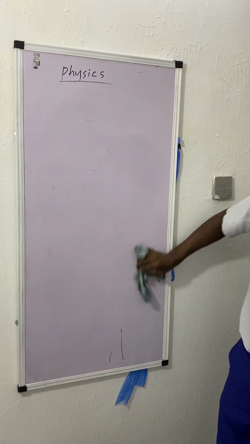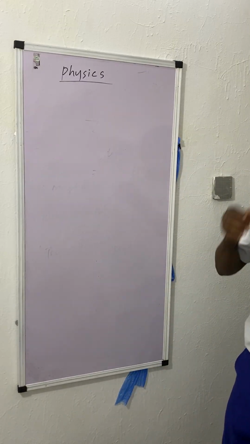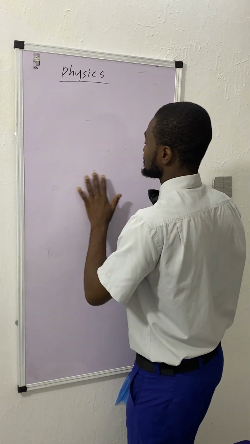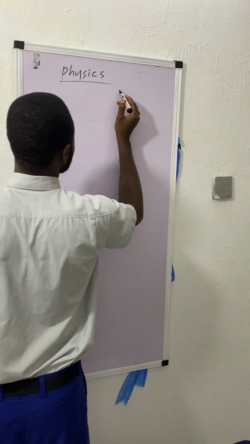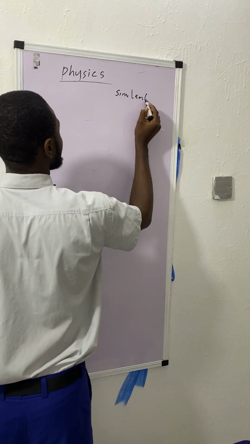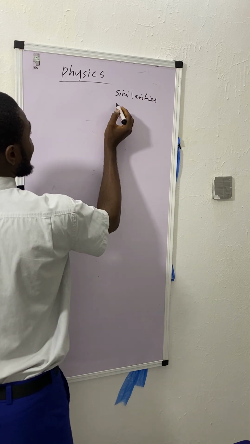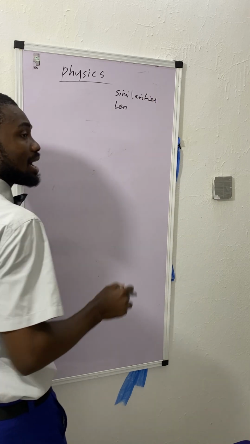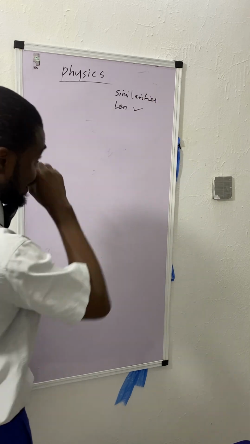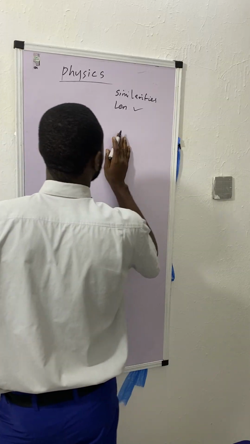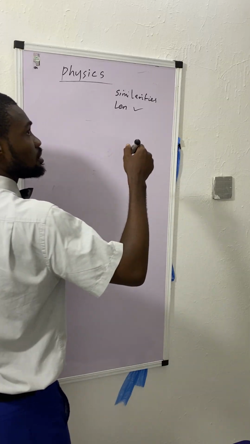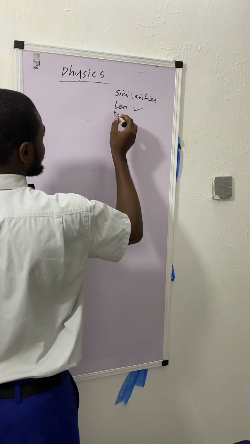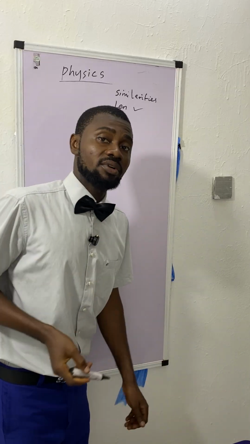The human eye has a photosensitive part, which is known as the retina.